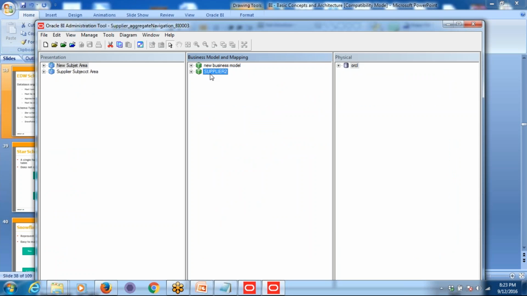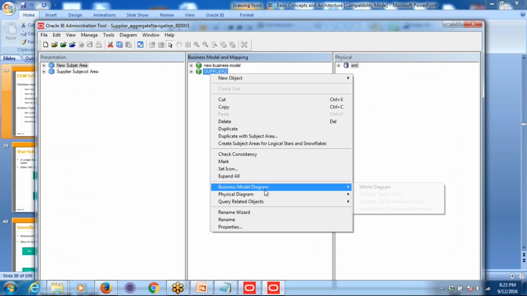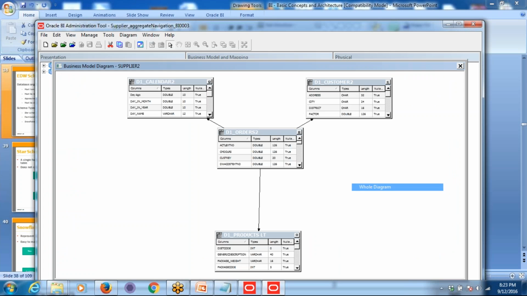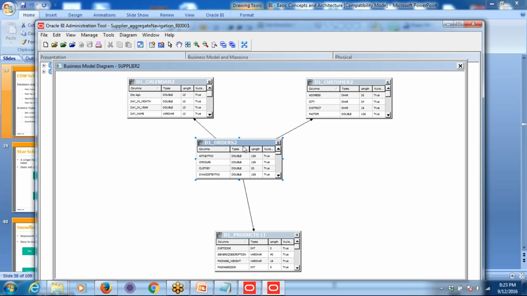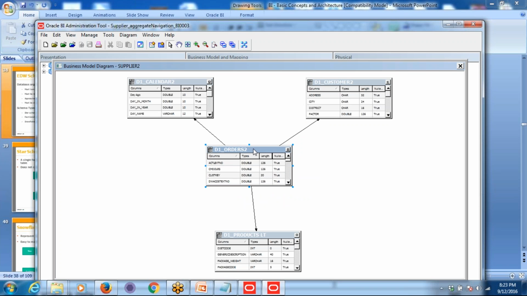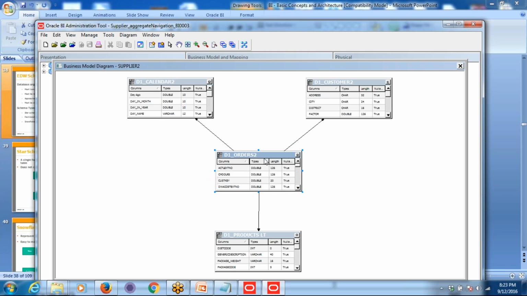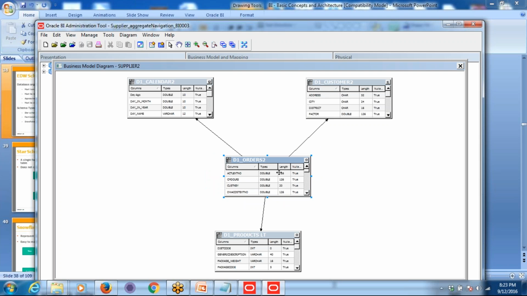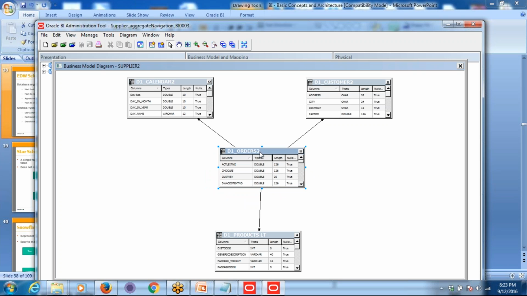So for example, if I show you this schema, this is a typical star schema. In between you have a fact table and these are all your dimension tables. Using this schema, I can easily create a report called customer-wise orders by joining these 2 tables.